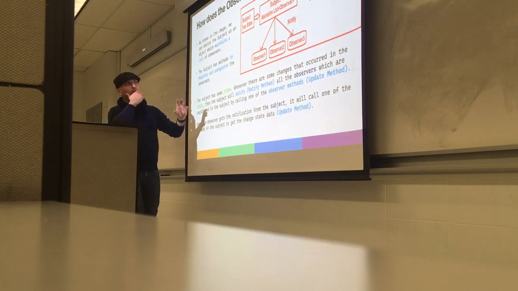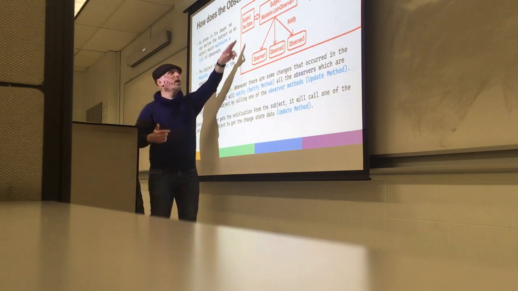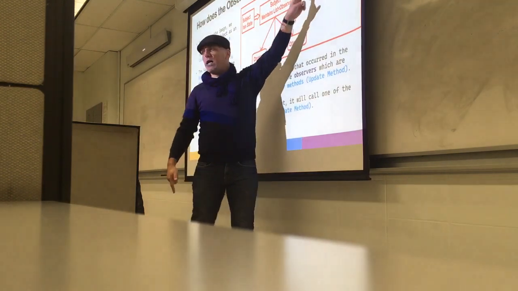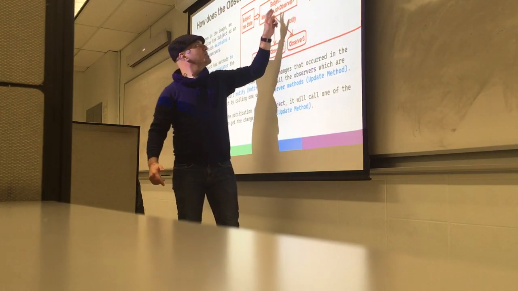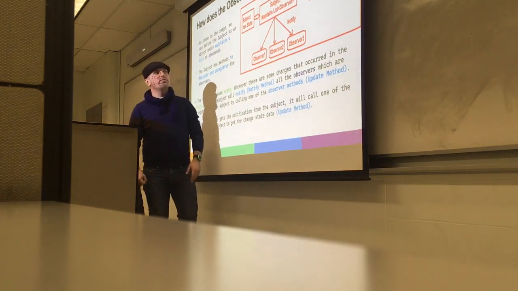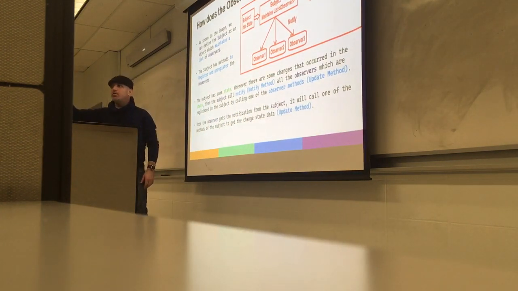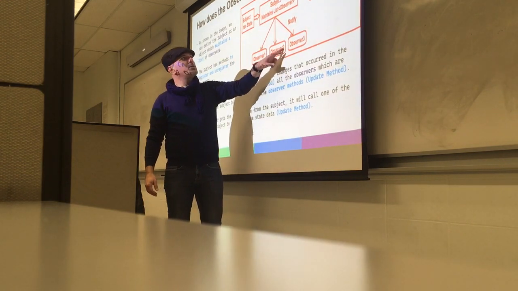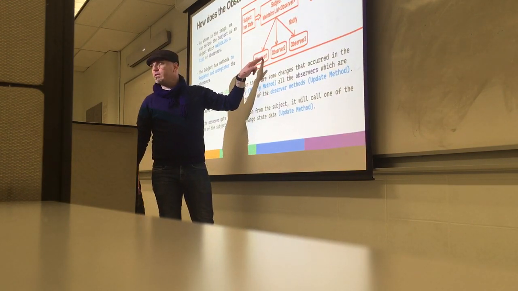So now inside the subject we have the state, the notify method, and the register and unregister methods. Inside the observer, we have a list of data from data type observer.